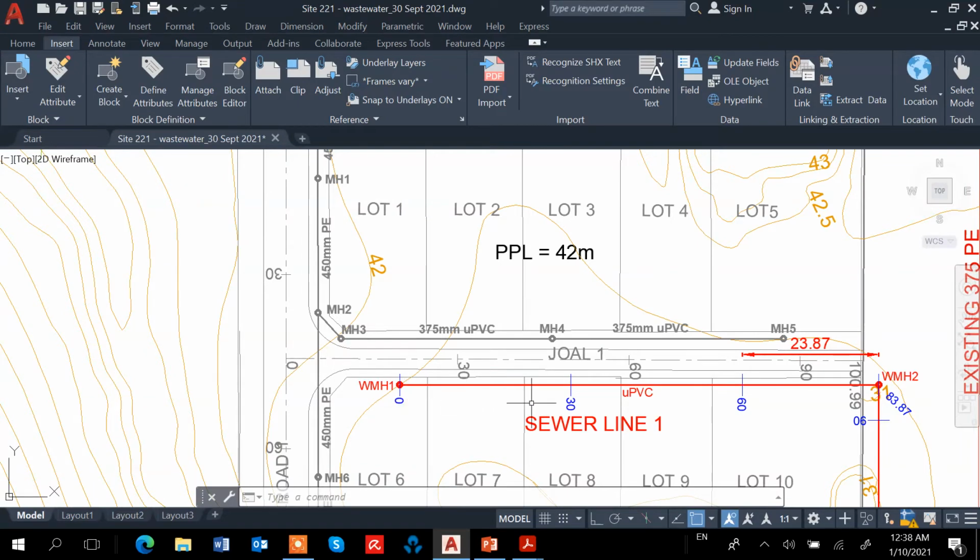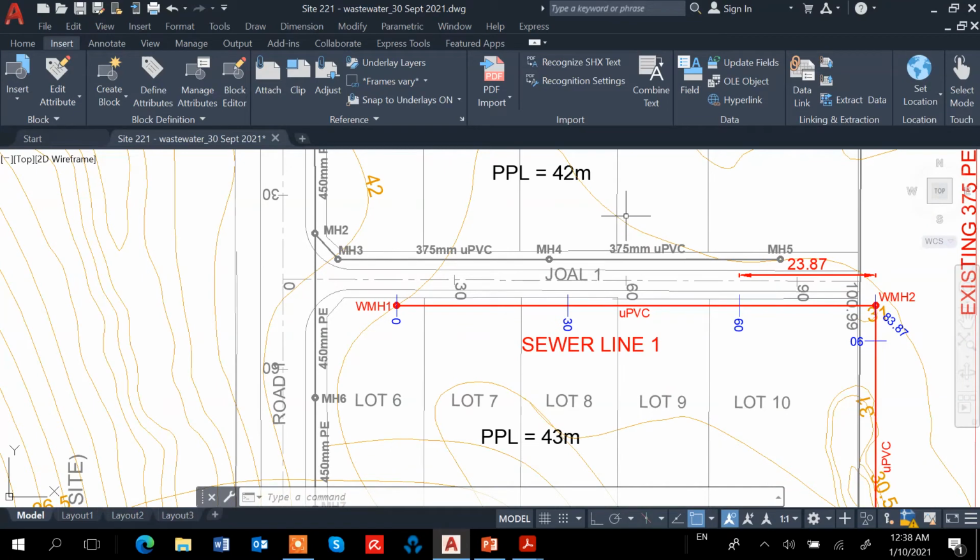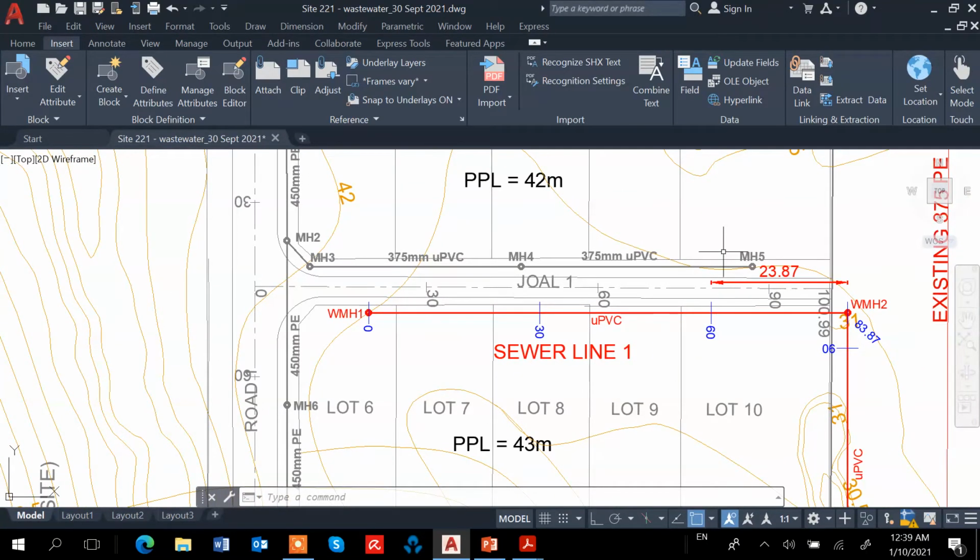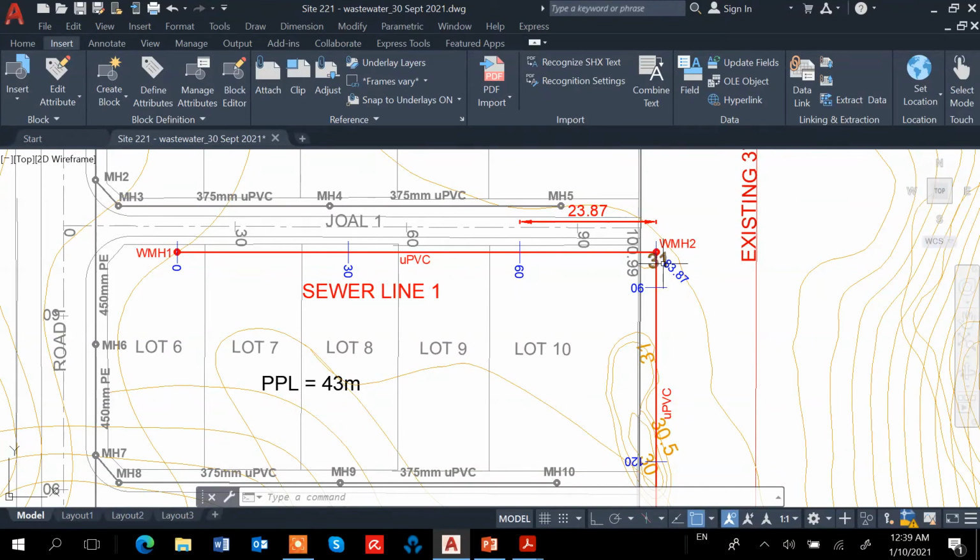So this is 42.5, and then you can see this line is 42.5, this line is 43. So we can interpolate the chainage 30 here. Probably it's about 42.7 or 42.8. This one is nearer to 42.5, so probably 42.6.